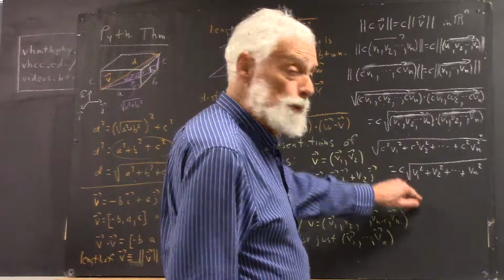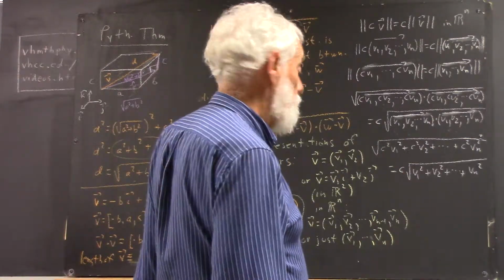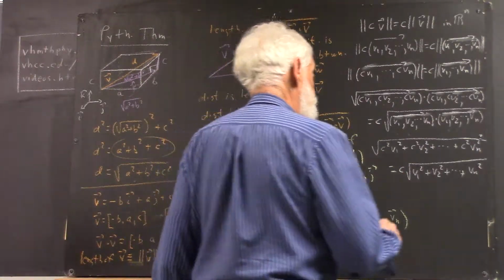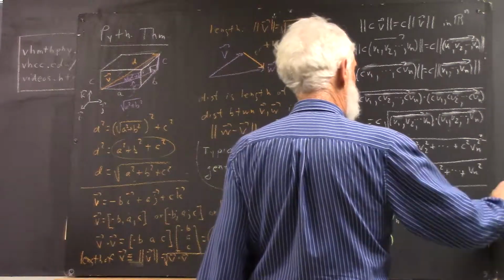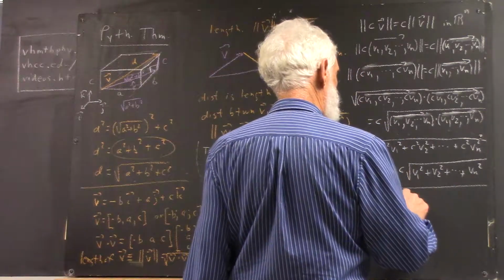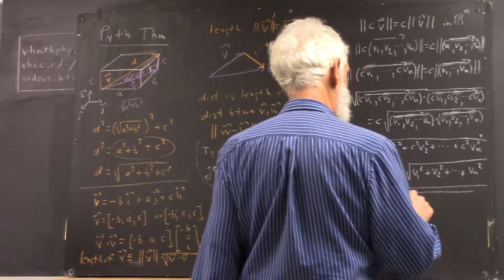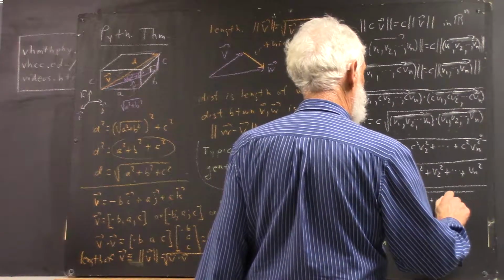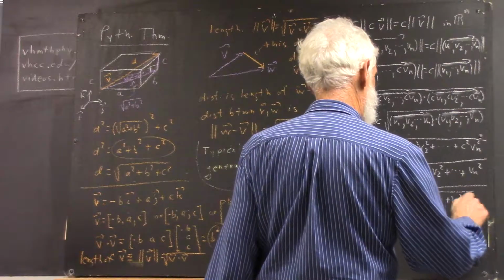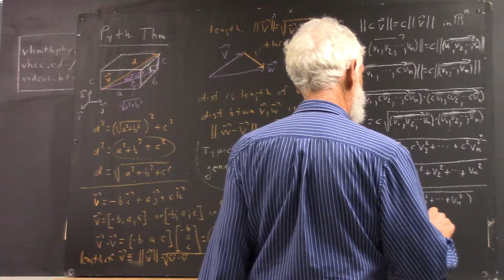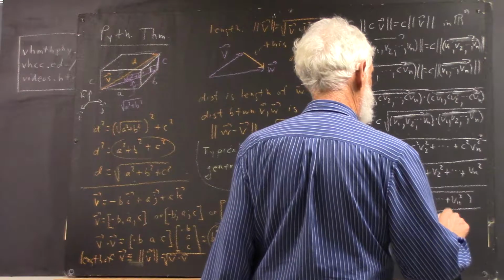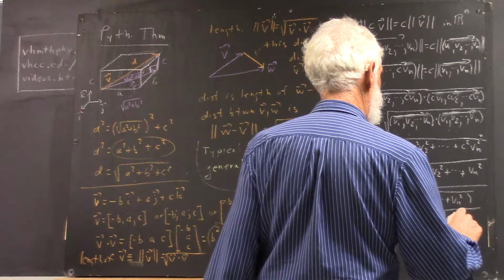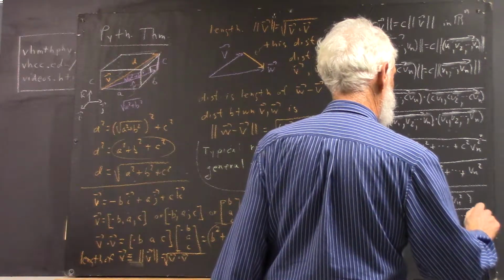Now, is this equal to this? Well, yeah. We could get more detailed. The left-hand side, you have the square root of c squared times V1 squared plus up through Vn squared, equals c times the square root of V1 squared up through Vn squared.